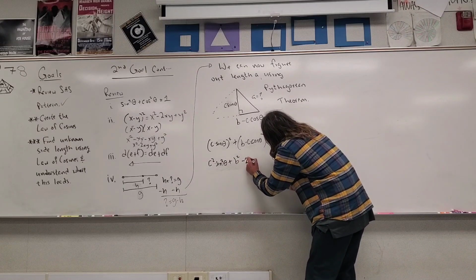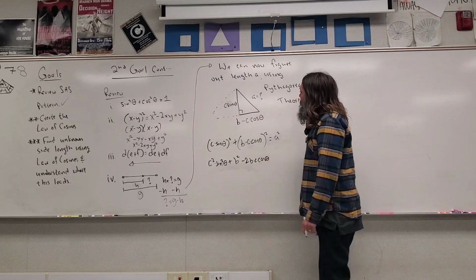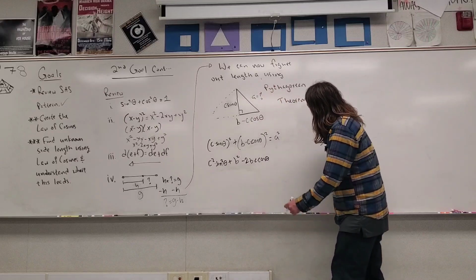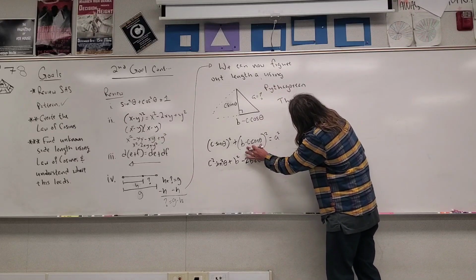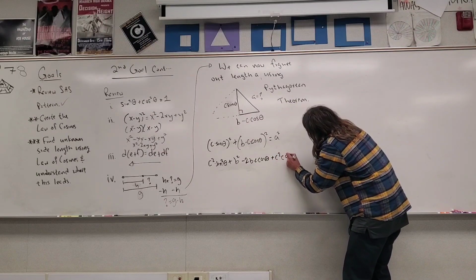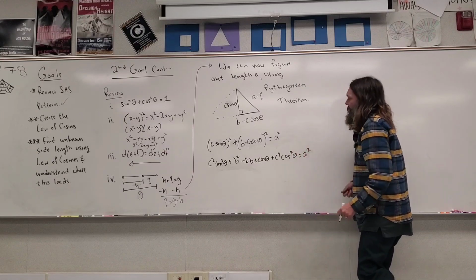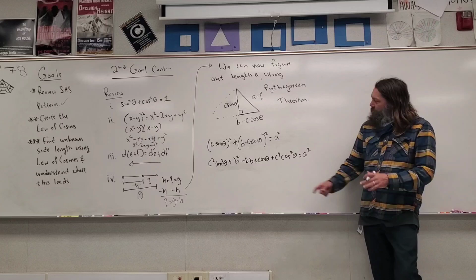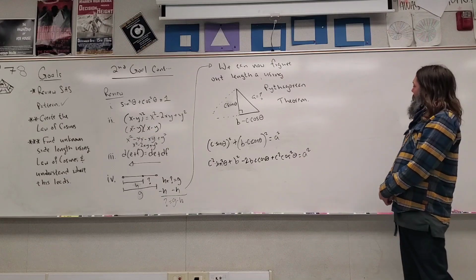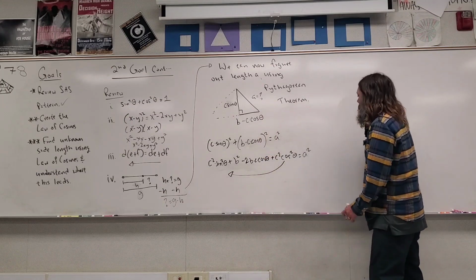And then I take my last term and square it, and a negative times a negative becomes a positive, so minus C cosine theta becomes plus C squared cosine squared of theta, and that's equal to A squared. All right, so I'm going to move some things around. I'll show you how I'm going to move it around. I'm going to move this guy over here.